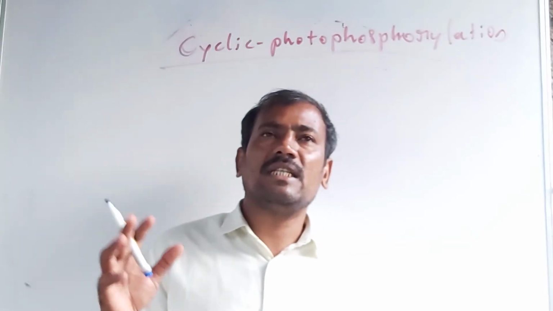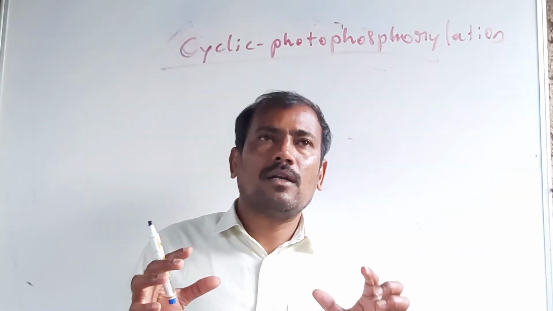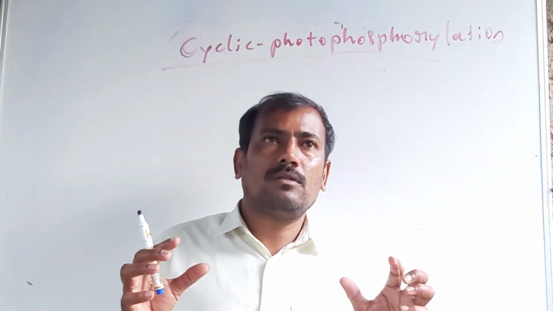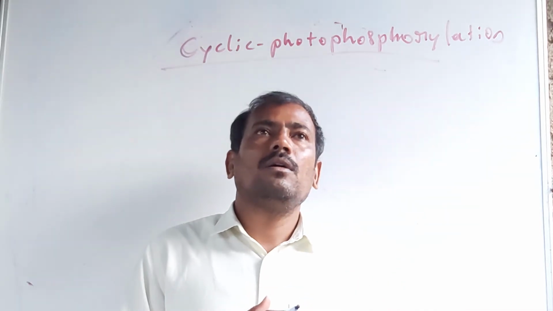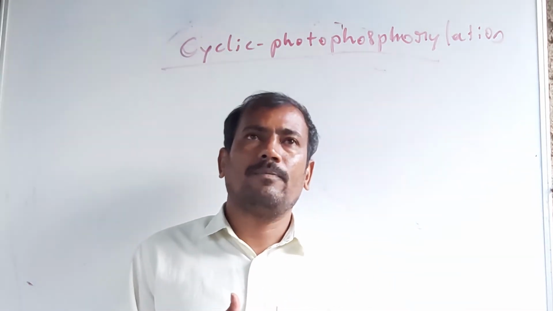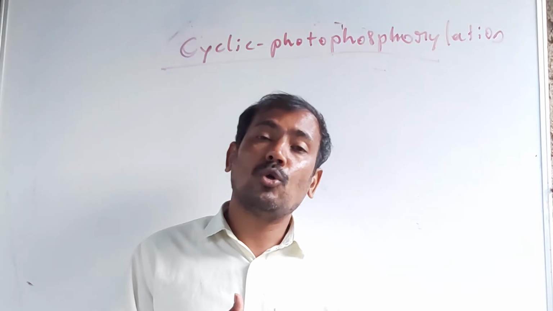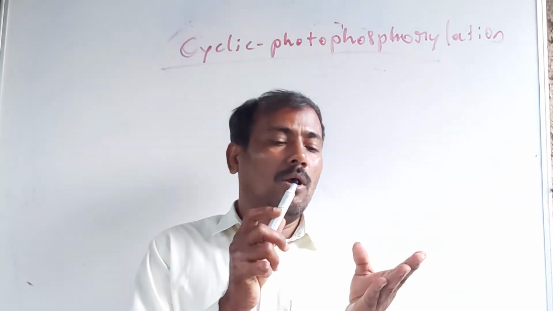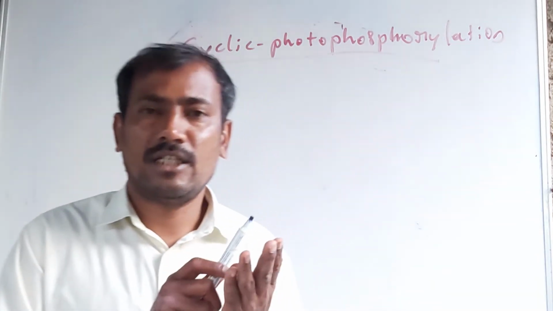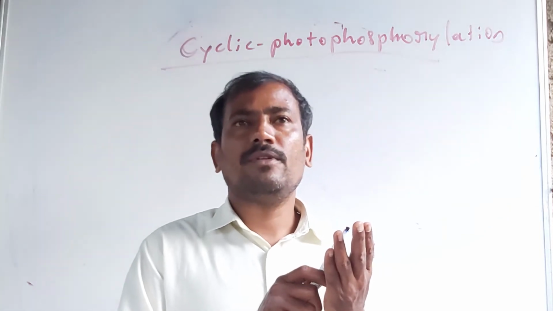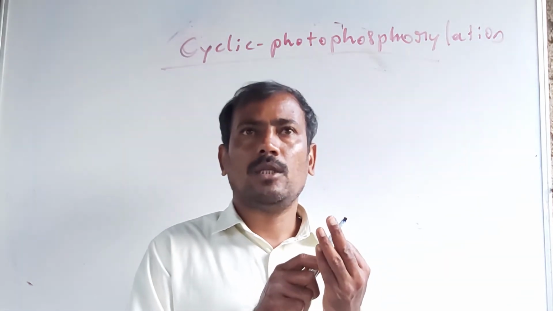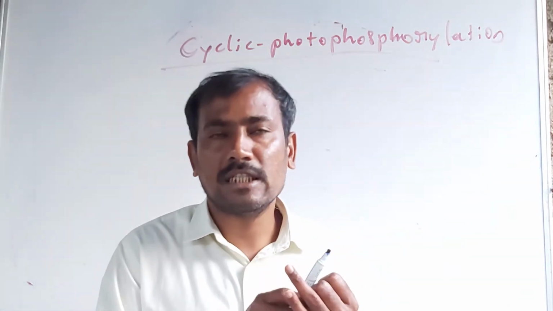During the non-cyclic electron transport system, that is, during non-cyclic photophosphorylation, the photolysis of water takes place, evolution of molecular oxygen takes place, and the production of a number of protons takes place.